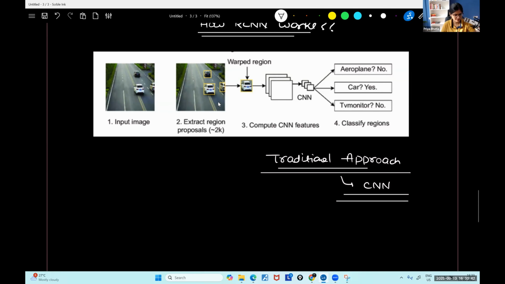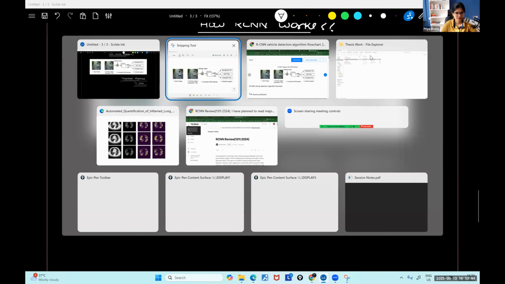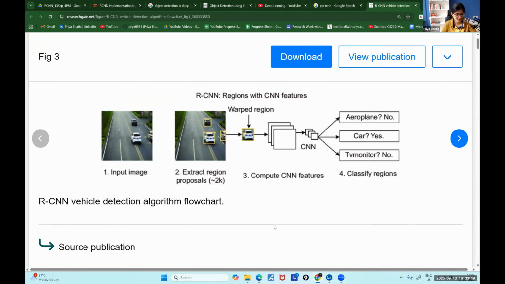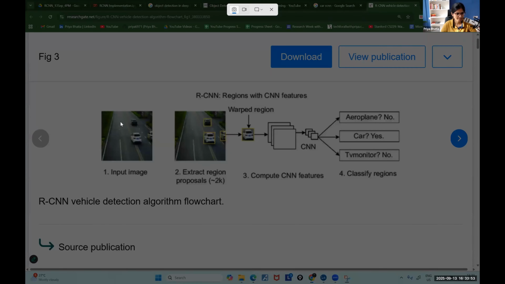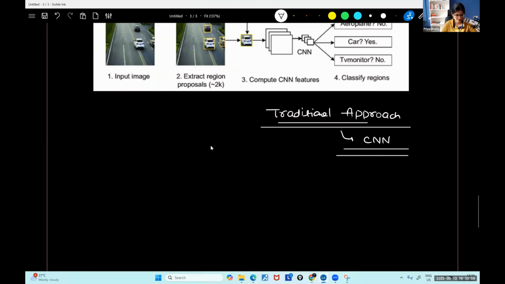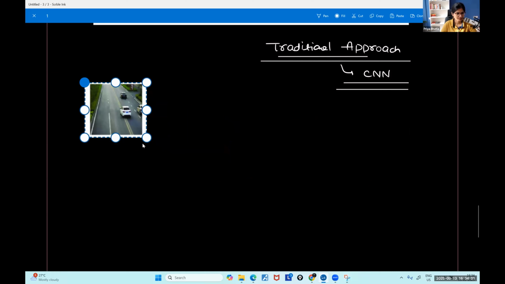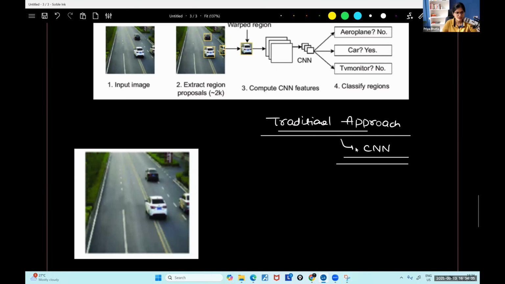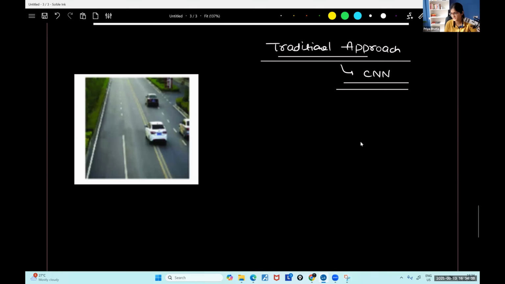Let's say this is the single image we had. So in the traditional CNN-based approach, what was the initial mindset of the researchers?